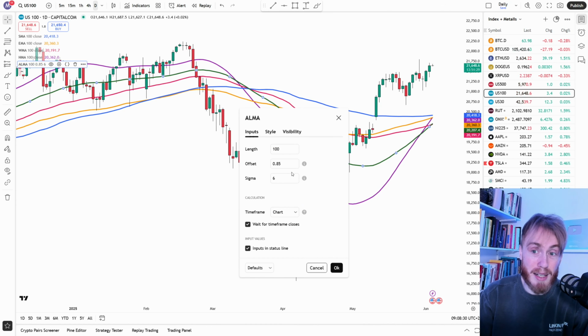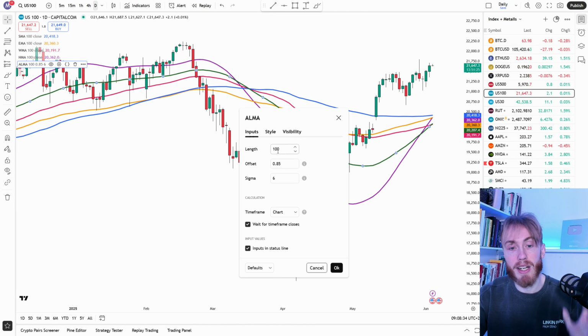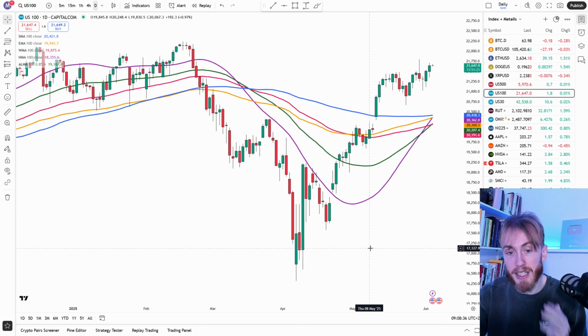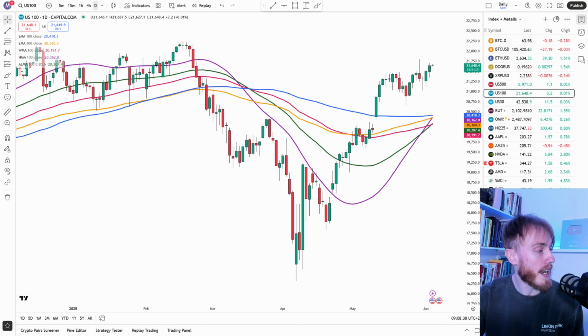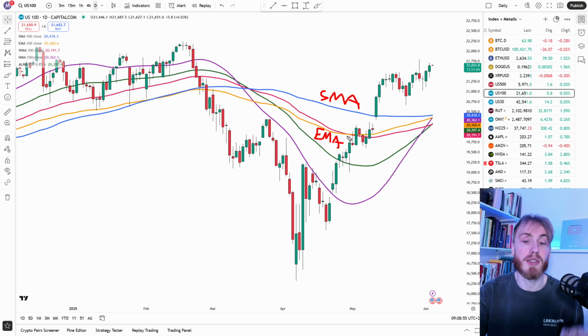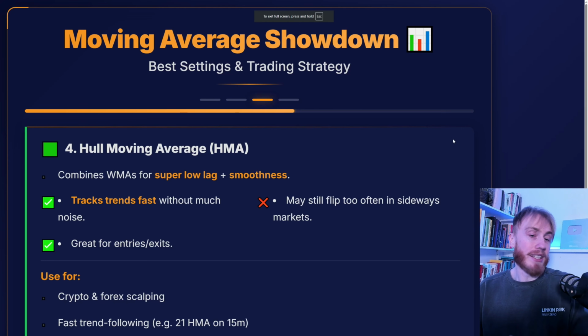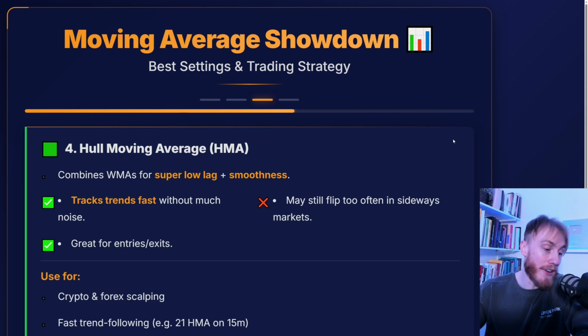We don't really have time to talk about that too much in this video. So now let's just change the length to 100 so we get a nice comparison. And as you can see with the ALMA here, it's not as responsive as the Hull moving average, but it's much faster compared to, for example, the simple moving average and the exponential moving average.